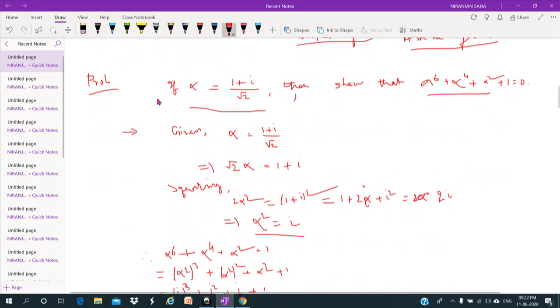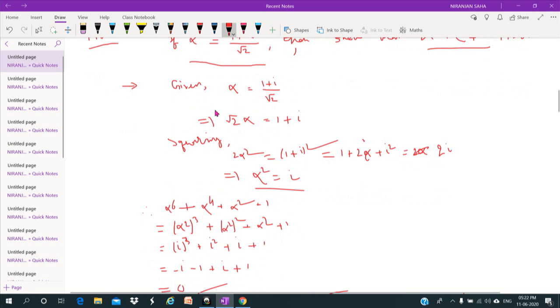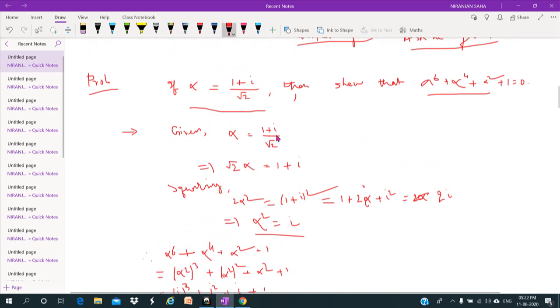Now a problem is given: if alpha is (1 plus iota) by root 2, then show that alpha to the power 6 plus alpha to the power 4 plus alpha square plus 1 is equal to 0. So here it is given that alpha is equal to (1 plus iota) by root 2. Cross multiplying, root 2 alpha is 1 plus iota.